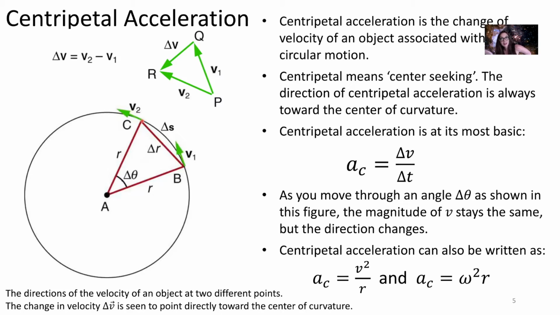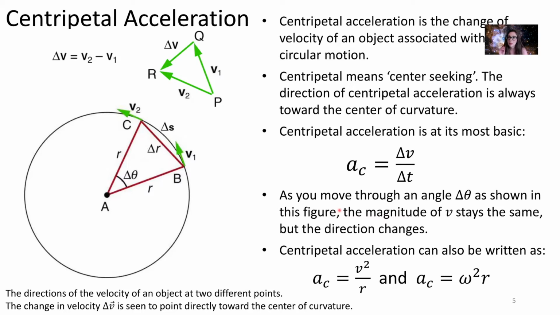The magnitude of that velocity is the same, but the direction of the velocity changes. So the centripetal acceleration is the change in this linear velocity over the change in time. So the change in velocity always points toward the center of curvature of our circle.